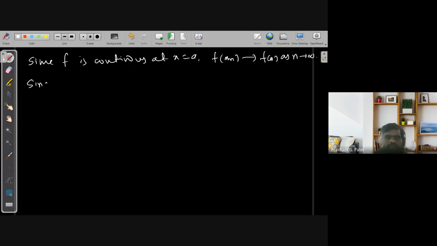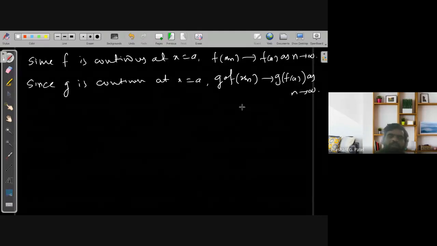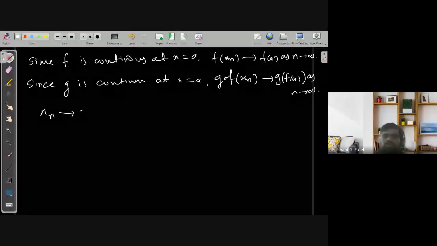Since g is continuous at x is equal to f of a, we can say that g o f of xn converges to g o f of a as n tends to infinity, and that completes the proof.